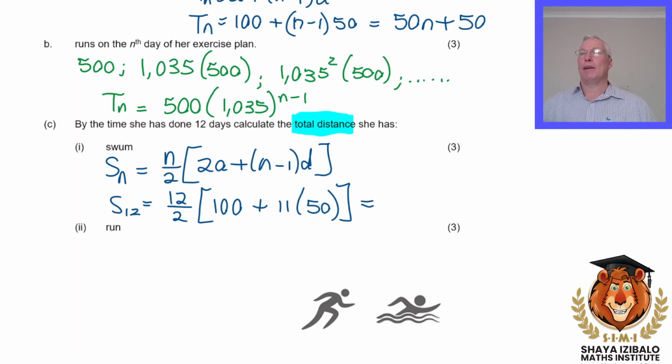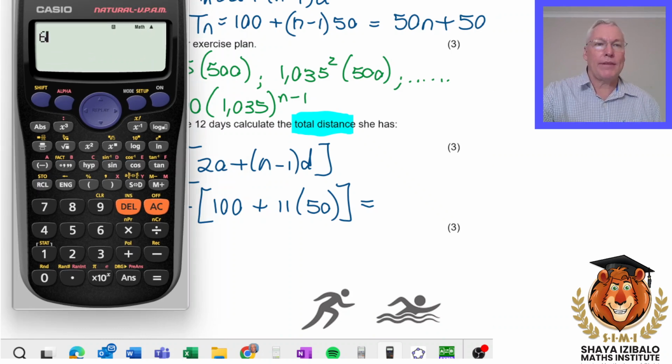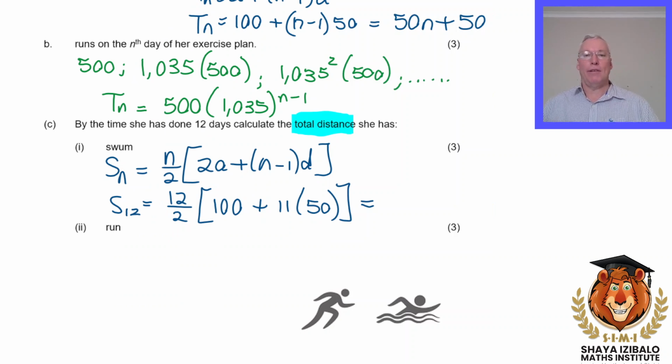Let's just make sure that we've got that right. 6 times 650, and we get 3900. That's 3,900 meters. That's how far she has swum altogether in 12 days. Remember, in a kilometer there are 1,000 meters, so you could also write this as 3.9 kilometers.